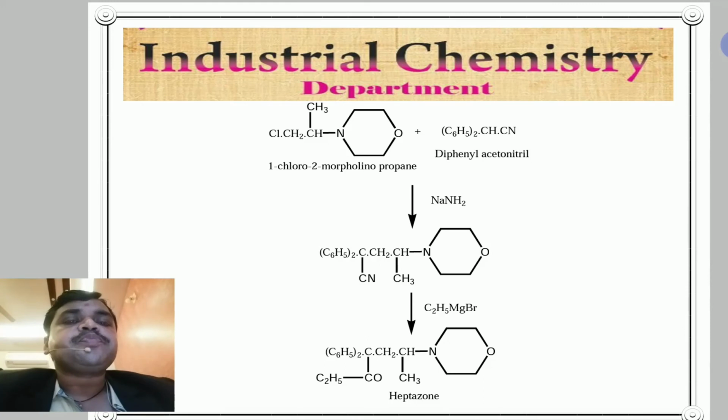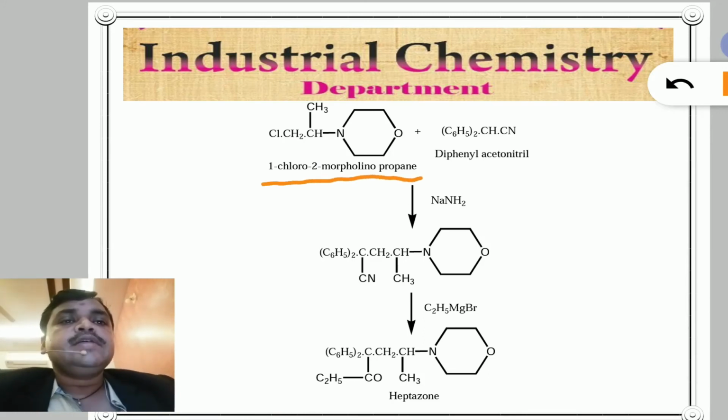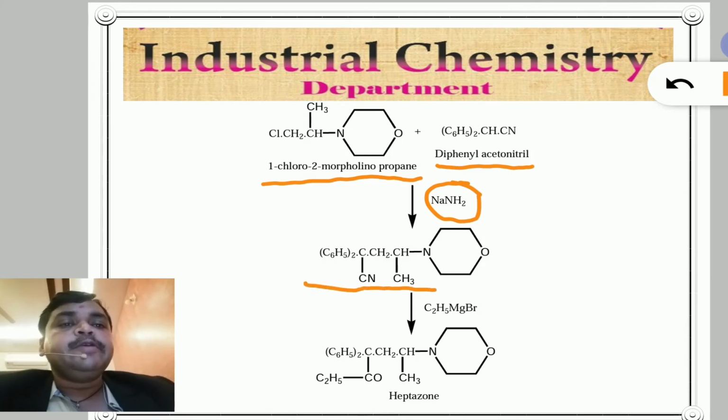So finally, 1-chloro-2-morpholinopropane, here the mistake is corrected, and diphenyl acetonitrile interact in presence of sodium amide to give a derivative of morpholino, which is treated with ethyl magnesium bromide, C2H5MgBr, to give heptazone.